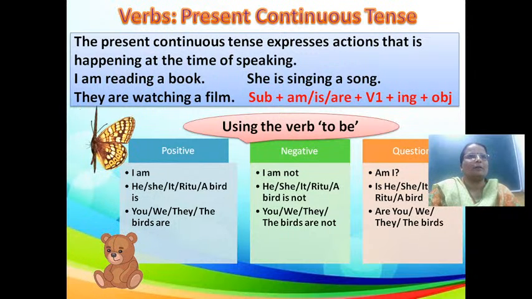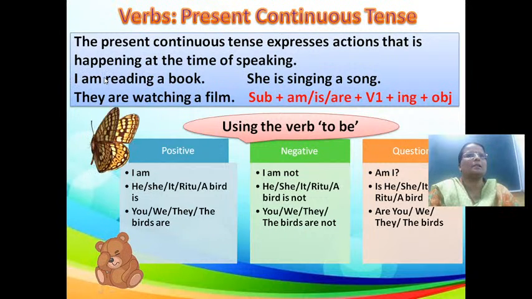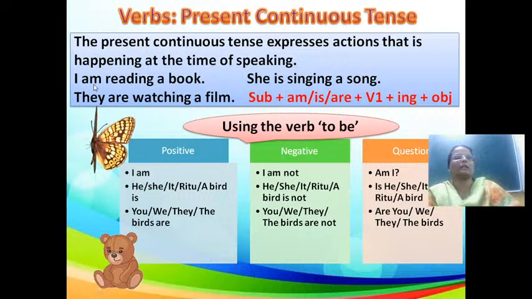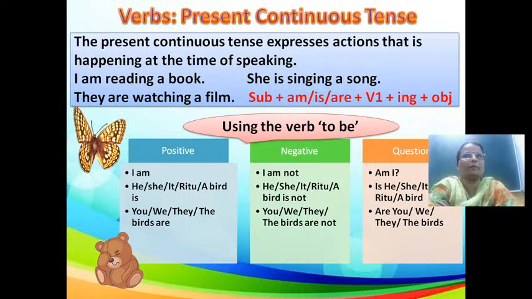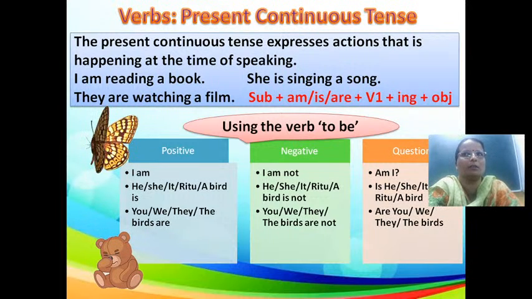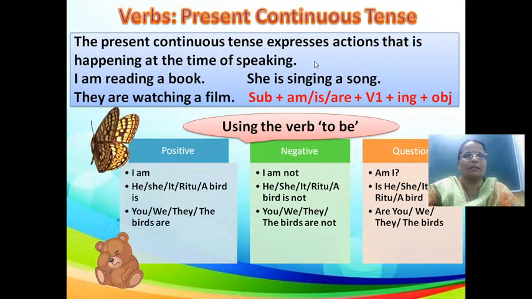Okay. First of all, you should write am, is or are. You have to select it according to the subject. Then subject plus ing form of the verb, then object. So the question will be formed in present continuous tense. For example, am I reading a book?